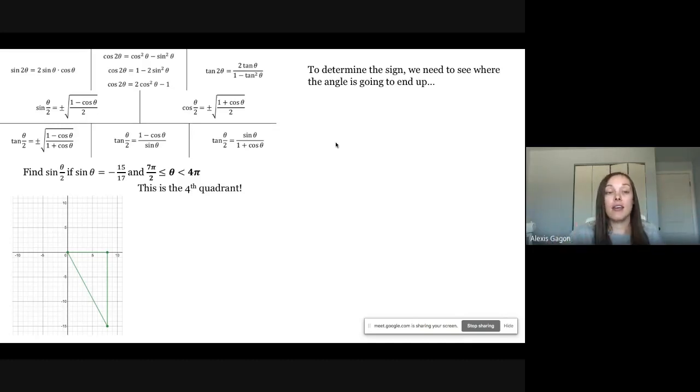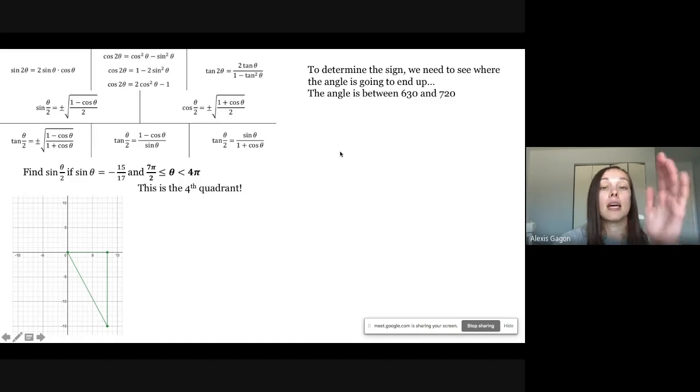We're given just some ratio and what quadrant it's in. So we know that this angle is between 630 and 720. If we convert these back to degrees, 7 pi over 2 times 180 over pi gives you 630, and 4 pi times 180 over pi is 720. So that's where our angle is.